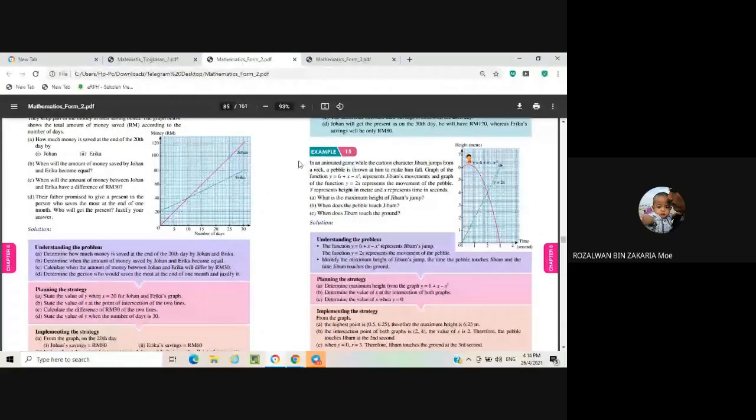The question is, in an animated game, the cartoon character Jibam jumps from a rock. A pebble is thrown at him to make him fall.